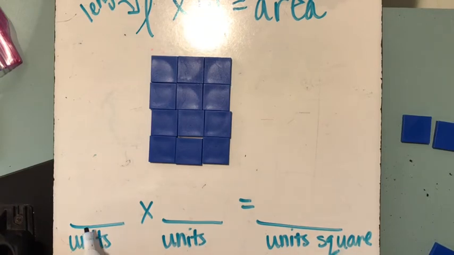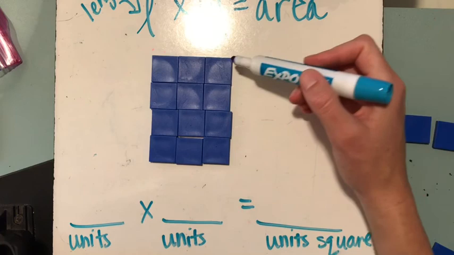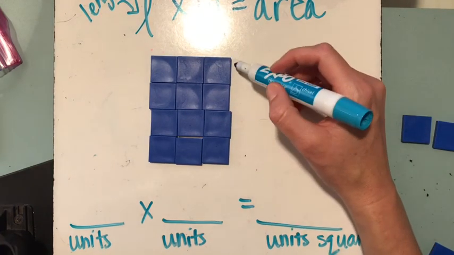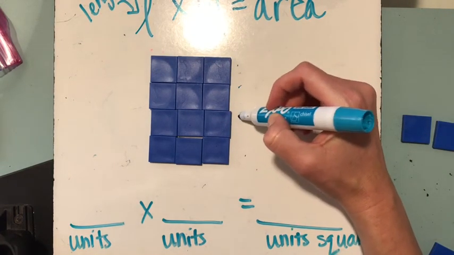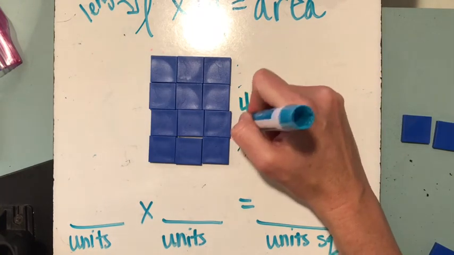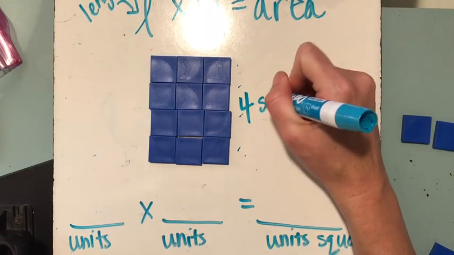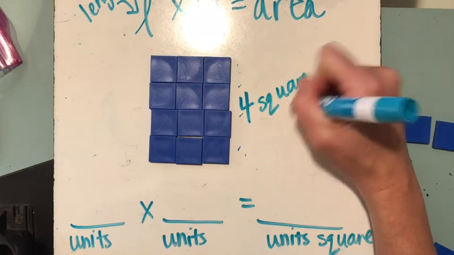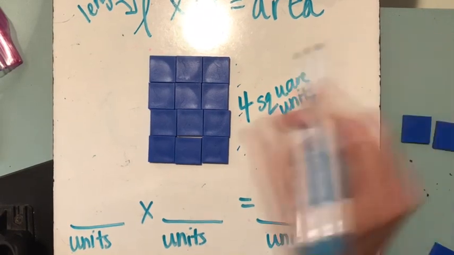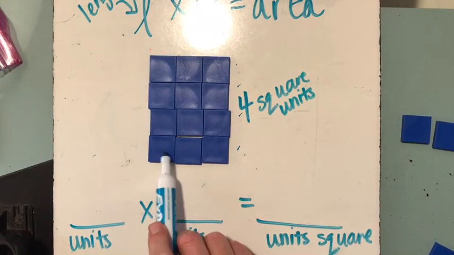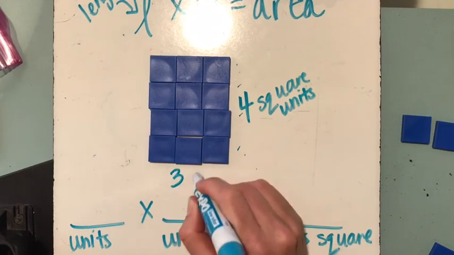Okay, so let's solve for the length. What is the length? Well, the length is actually over here, right? This is the longest side. So we have 1, 2, 3, 4. So we have 4 square units here. And then the width is the shorter side, 1, 2, 3. It's only 3 square units.